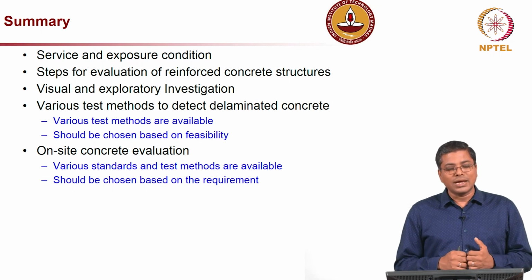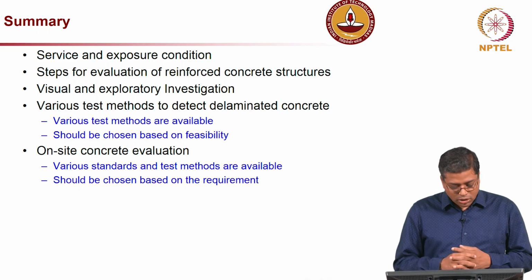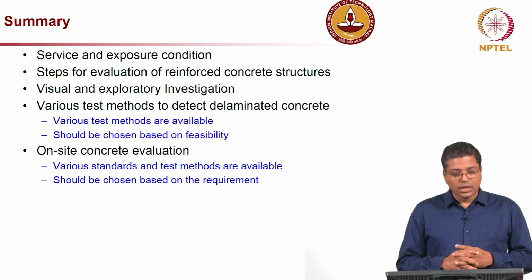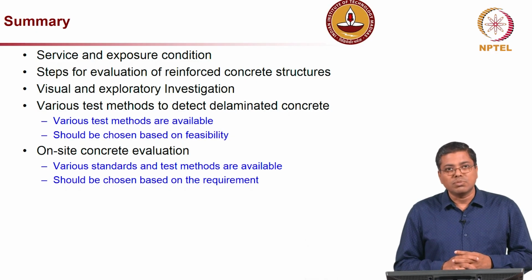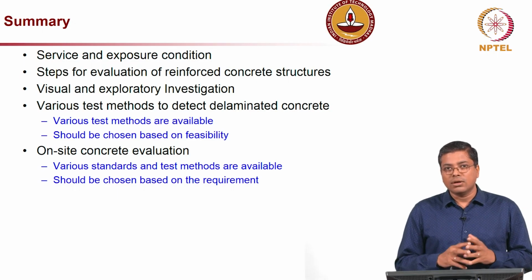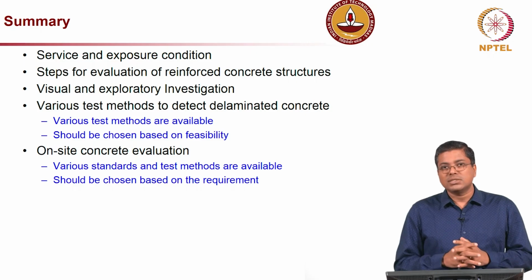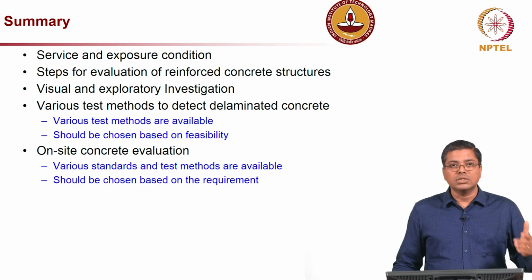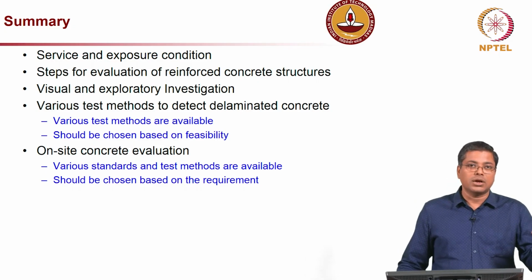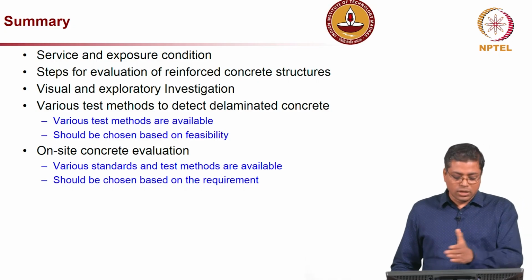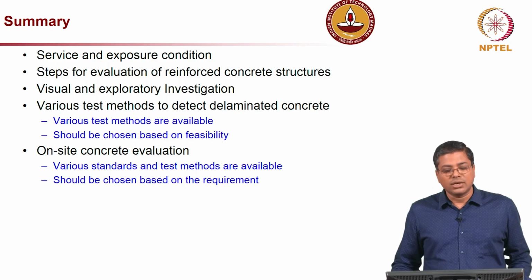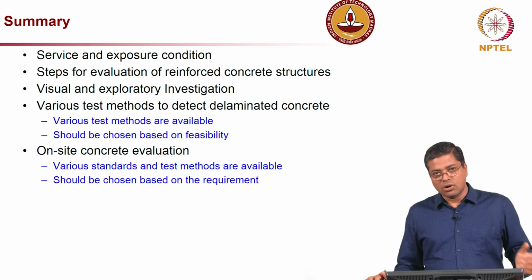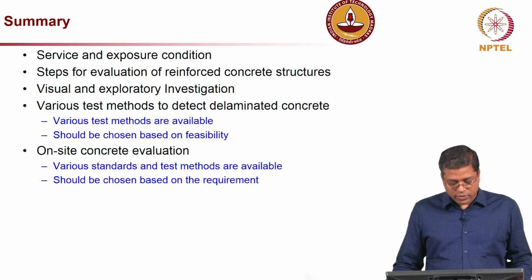How do we collect this information, and how do we record it? We also looked at different test methods to detect delaminated concrete, and how we can minimize the amount of work if you get, let us say, a large structure. These instruments can help in getting a contour plot indicating the delaminated region, which can later help in reducing the amount of repair work.